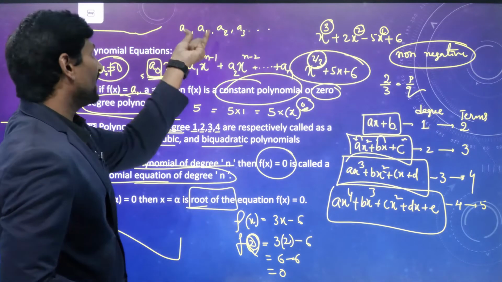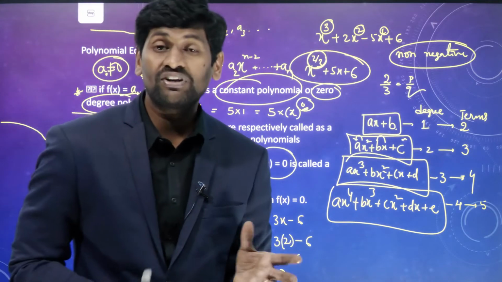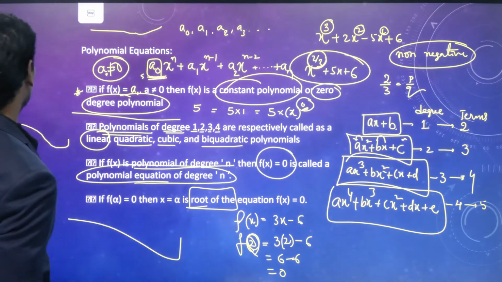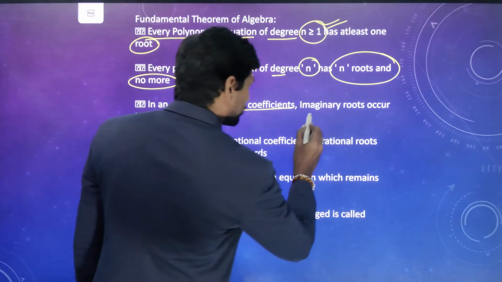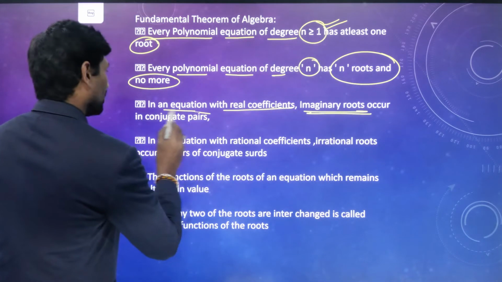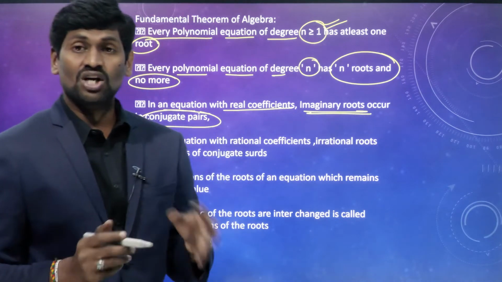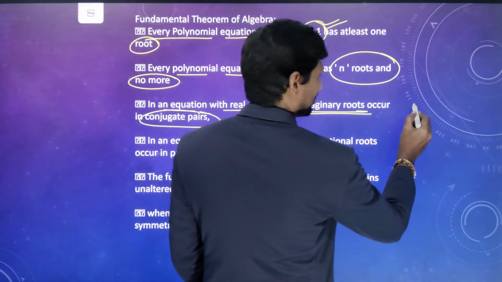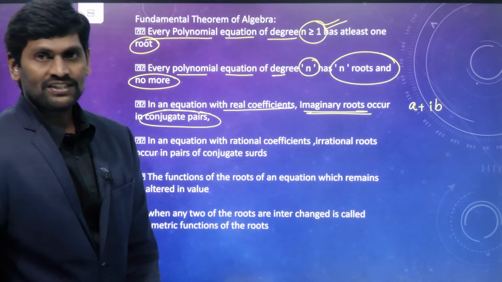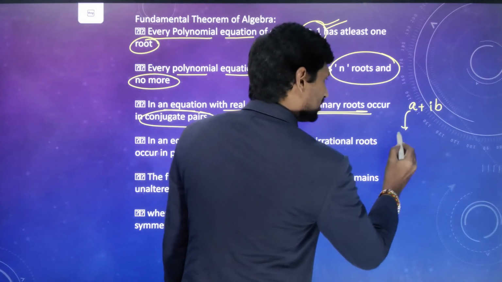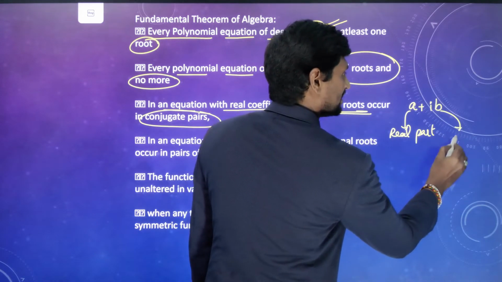a0, a1, a2, these coefficients, if they are real numbers, then you will get the imaginary roots as conjugate pairs. Imaginary roots are in the form of a plus ib, where a is the real part and b is the imaginary part.